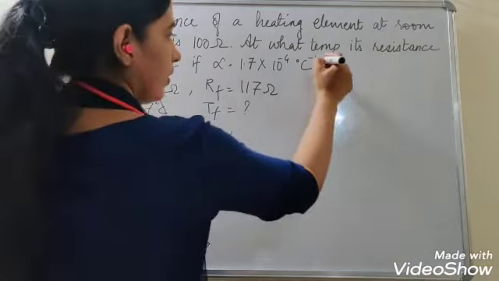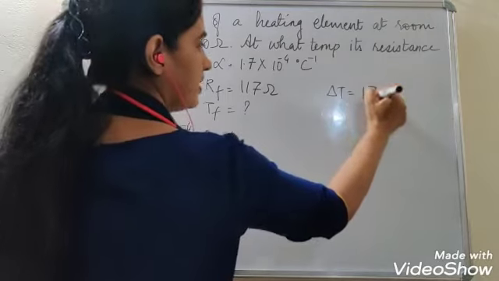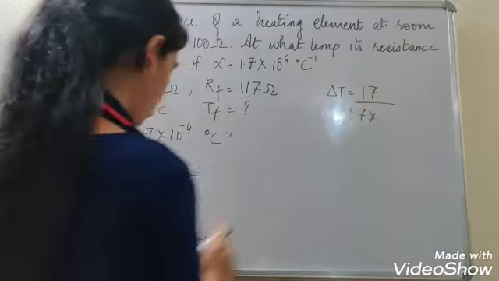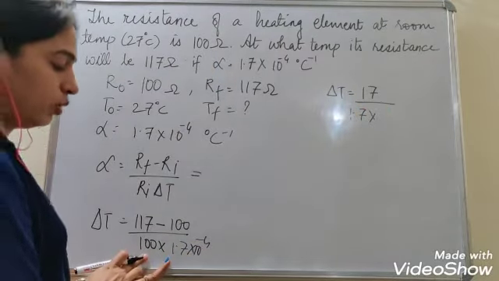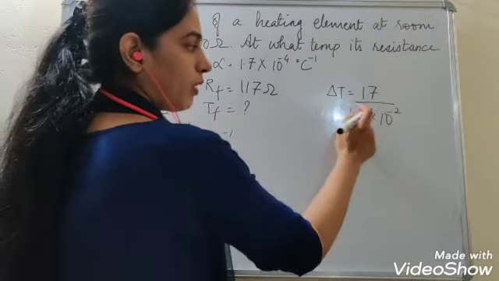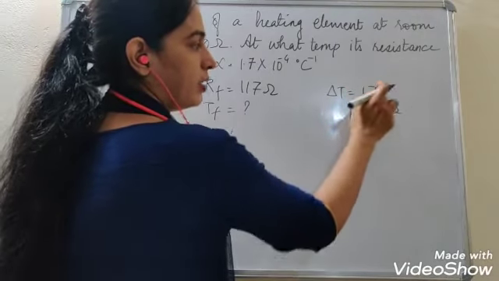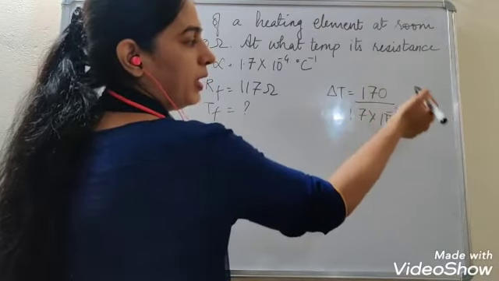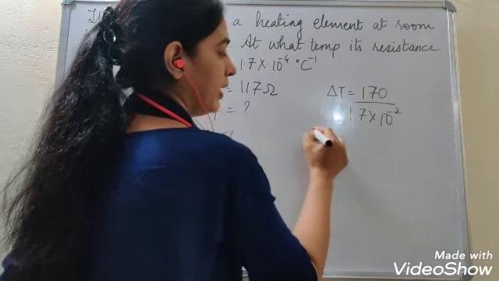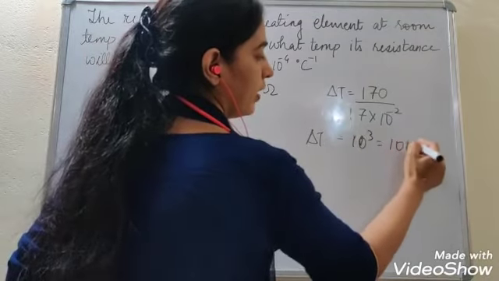So delta T is 117 minus 100, which is 17, upon 1.7 into 10 to the power minus 4 into 10 to the power 2, which is 10 to the power minus 2. So 1.7 goes up, that will be 170 and 170, and 10 to the power minus 2 goes up, so that will be 10 to the power 2. So delta T is 10 to the power 3, that is 1000.